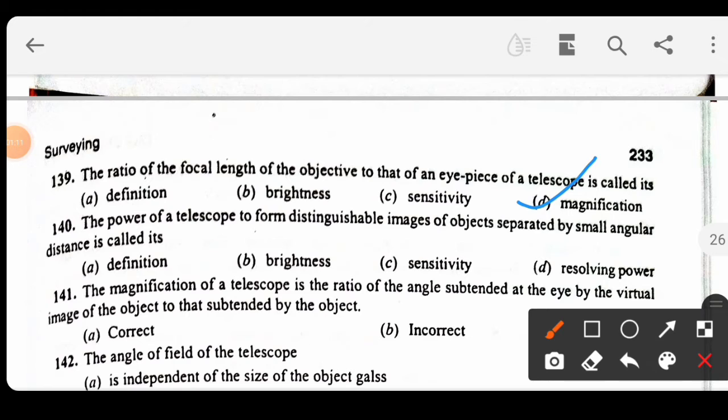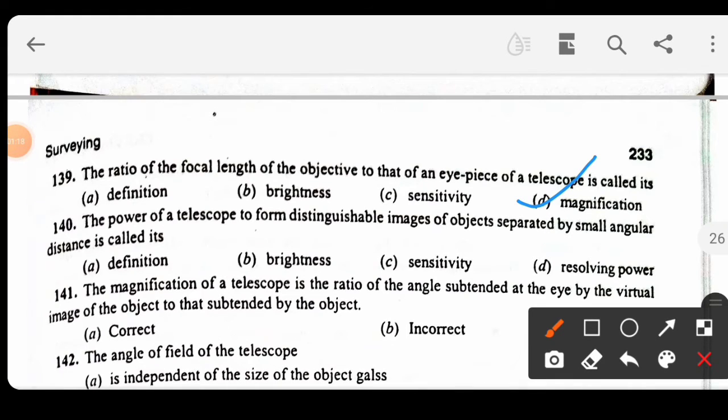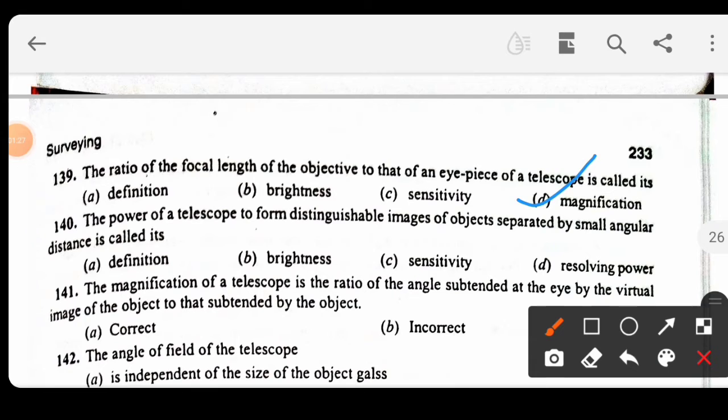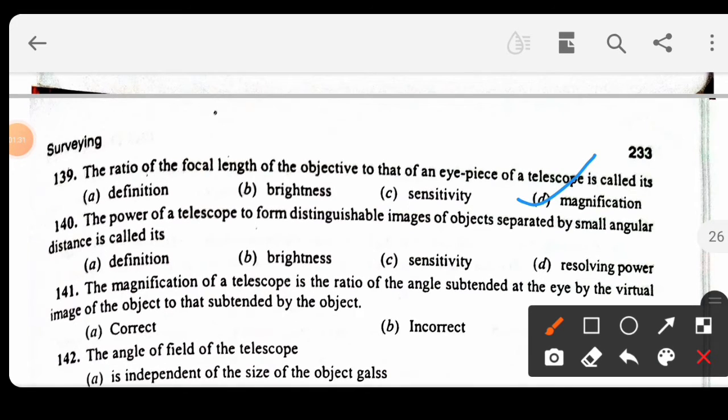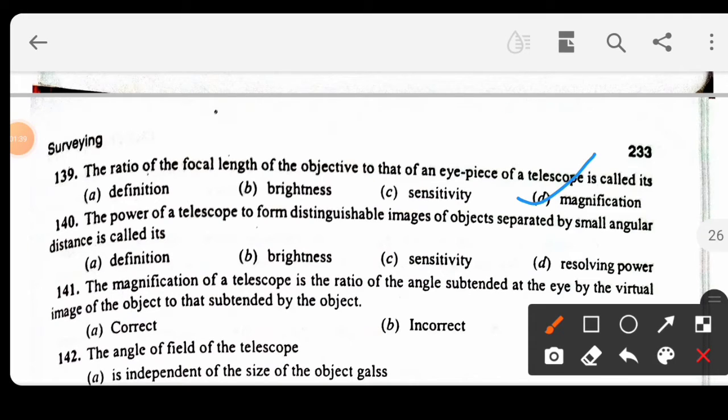Focal length and eyepiece of a telescope, ये दोनों का रेशियो को मैग्निफिकेशन कहा जाता है। The power of a telescope to form distinguishable image of objects separated by small angular distance is called its resolving power.